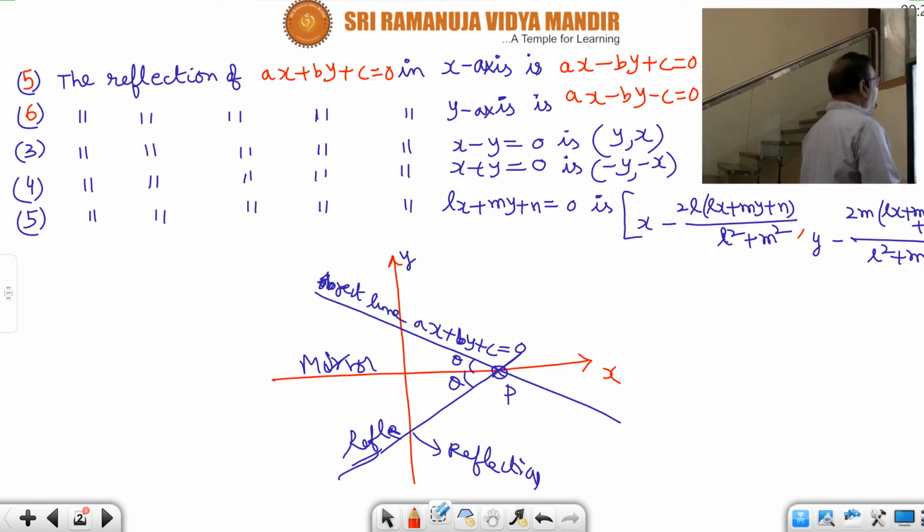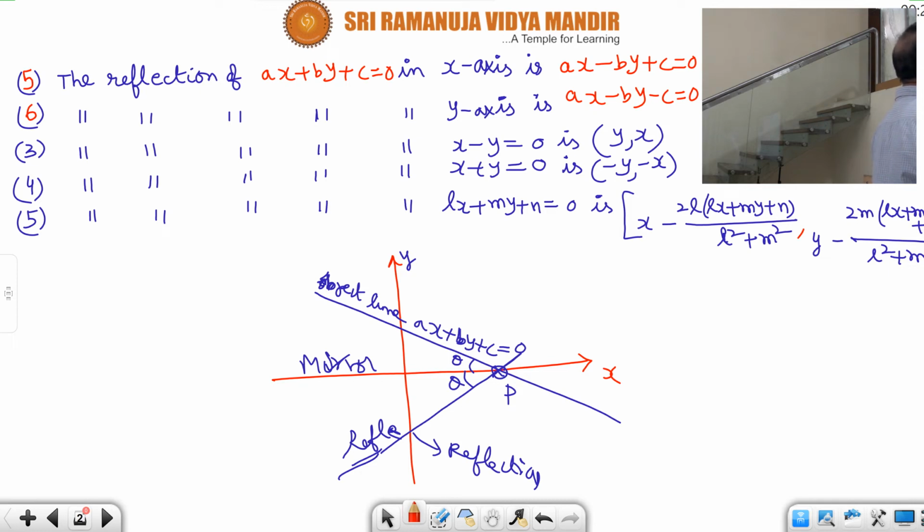The surprise is the same line ax plus by plus c is equal to 0, only the constant is changing, means are they not parallel? Why don't you recognize that? Someone says the constant sign is changing, that is okay, but they should tell that the two lines are parallel. That is more appropriate.